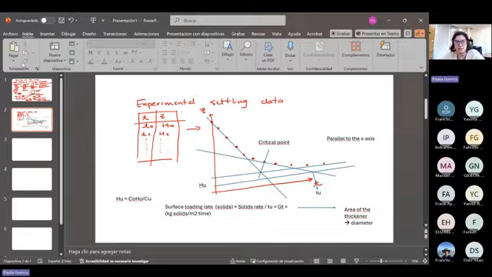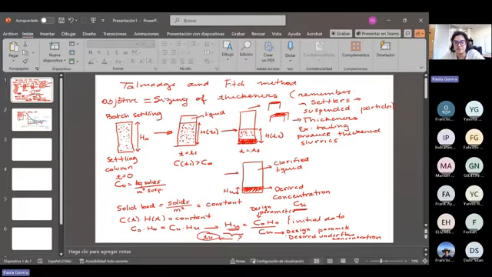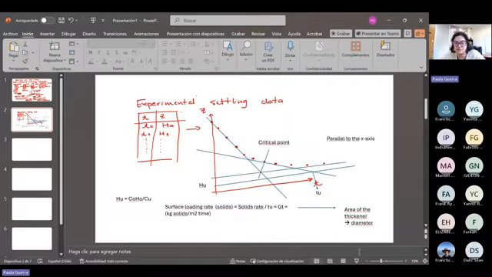So having said this, I'm going to do an exercise now, and I think that with the exercise everything is going to be a little bit clearer, but I needed you to first understand the basis of the method. Now I'm going to stop sharing my screen, and we're going to move on to the exercise.